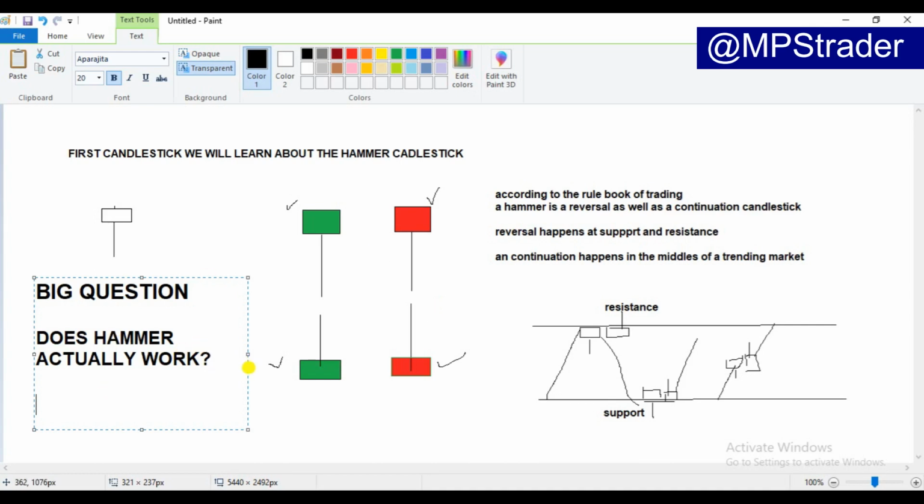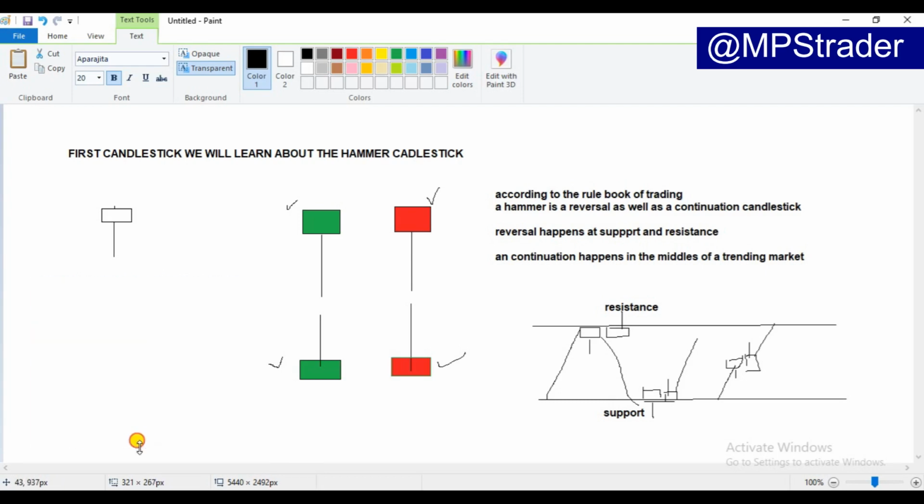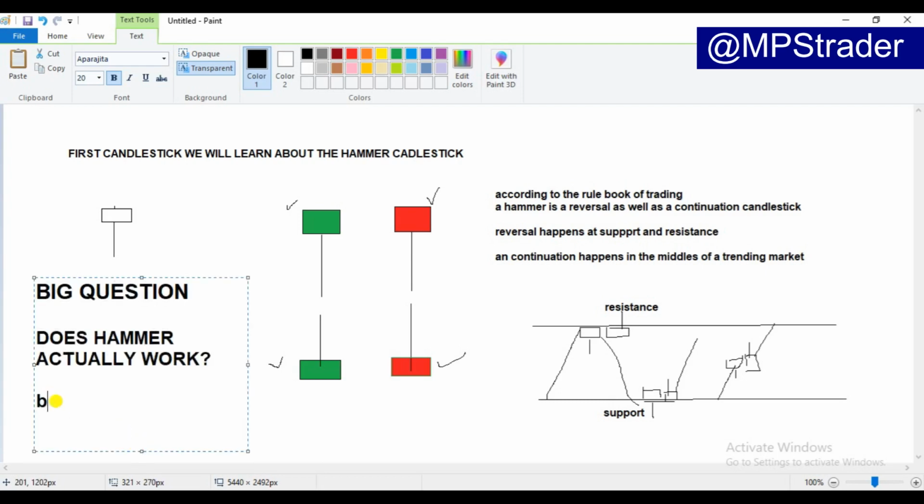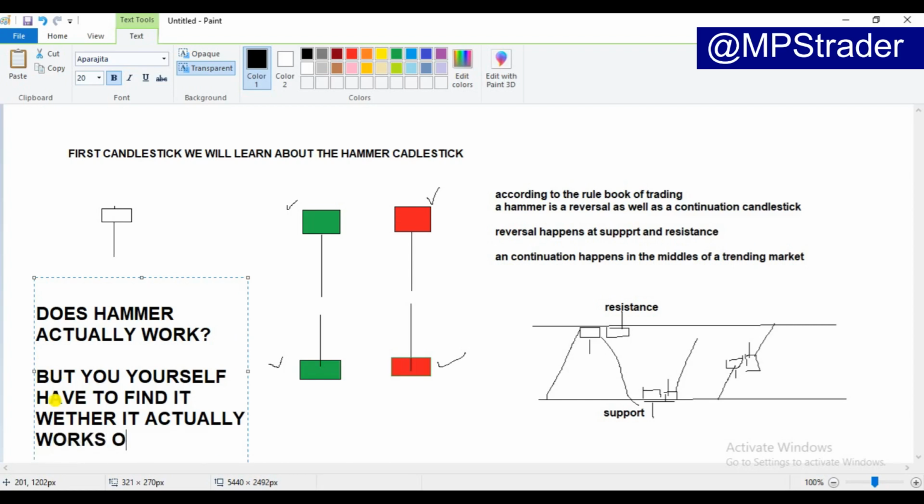So I will give some live trade examples, but it's a big but, you yourself have to find out whether it actually works or not, right?